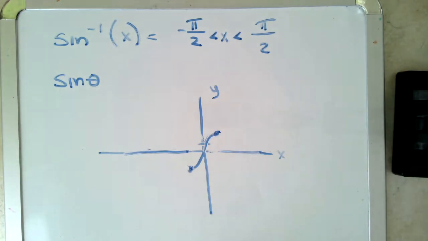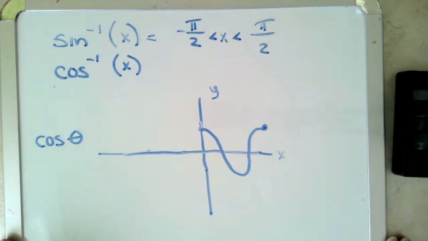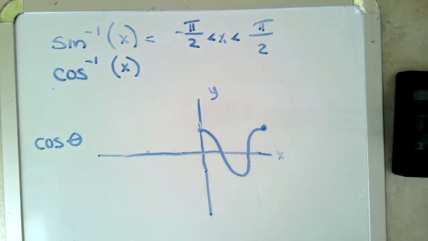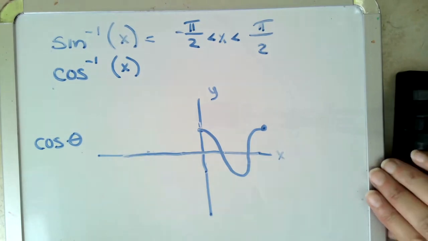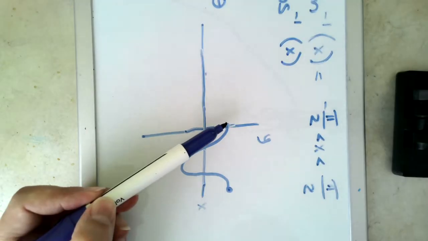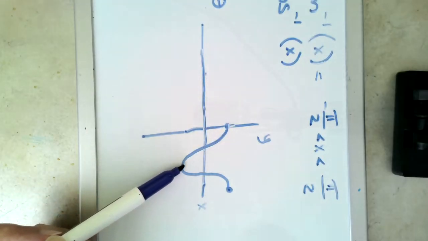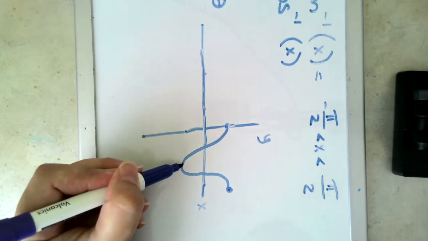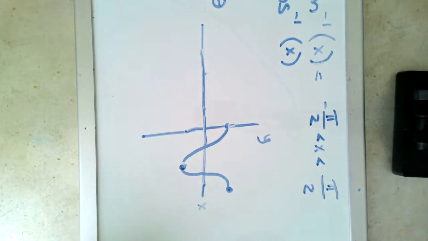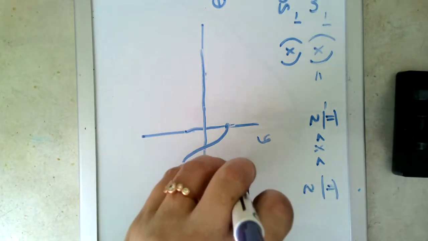Now, let's take a look at the same concept with cosine. There's one repetition of our standard cosine graph. If I were to switch my x and y axis by rotating, I'm good from my start through 0 to my minimum, and now I start repeating points. So right there is where I want to limit my cosine inverse.